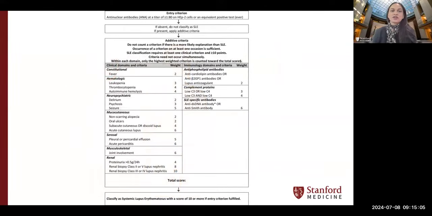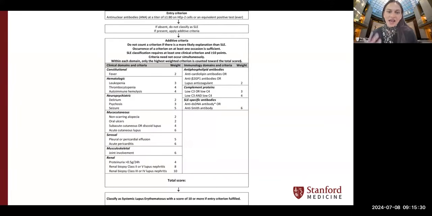So in general, how do we diagnose lupus? There have been multiple different definitions. There was one in 1997 by the American College of Rheumatology, and then there was one 10 years later in 2012, and then this one was in 2019 by a European group and also the American College of Rheumatology.